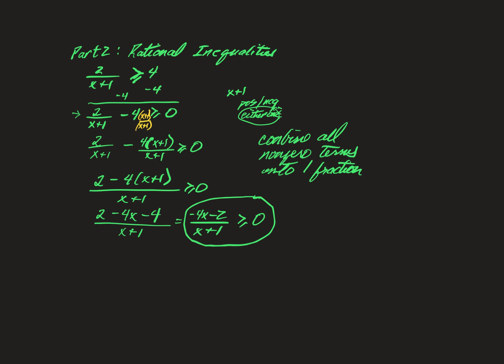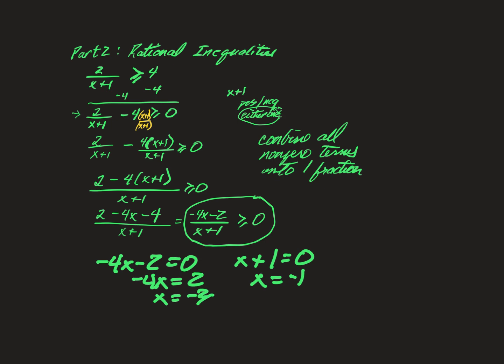And so with rational functions, you take the numerator and the denominator and you set them equal to 0, because it can't be undefined either. And so I now have my zeros.